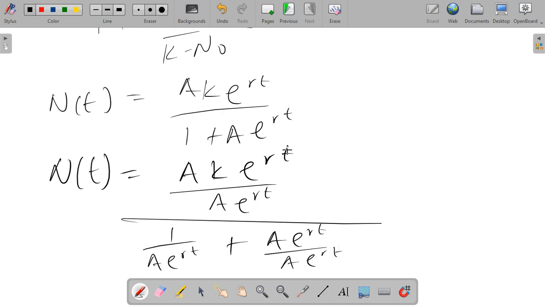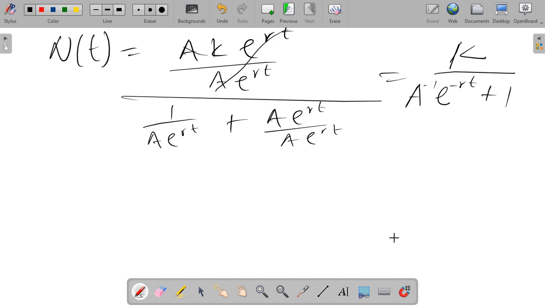So everything here cancels everything here, so I'm having K on the numerator. This one can be written as A raised to power minus 1 exponential minus RT, then plus 1, because everything here is 1. I have reduced the equation normally, so I can now put my A. You understand? You can now put your A.